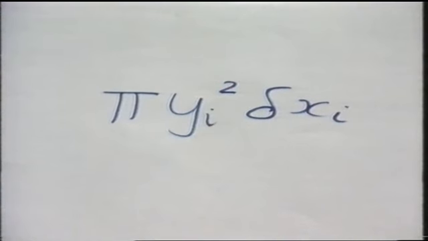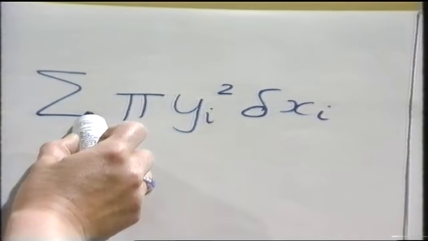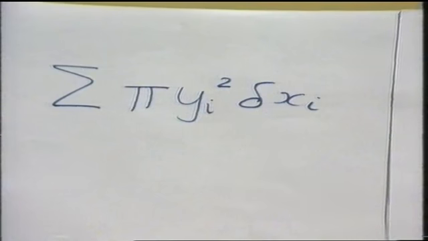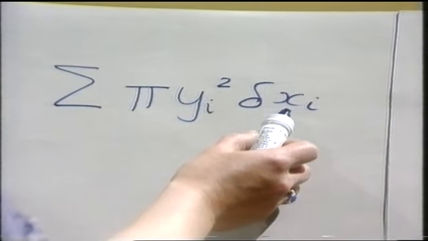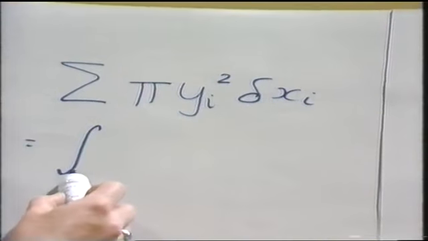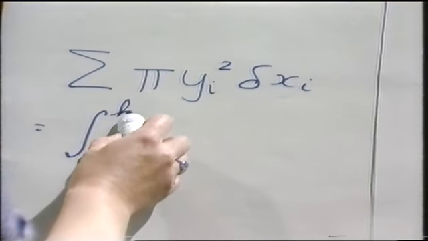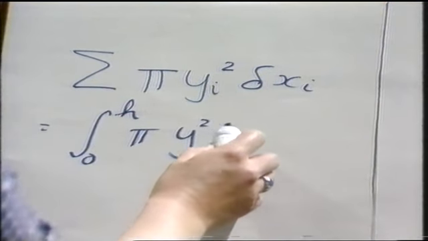So summing over all discs from 0 to h, we have this. Now, taking the limit as delta xi tends to 0 gives an integral which we can write as the integral from 0 to h of pi y squared dx.